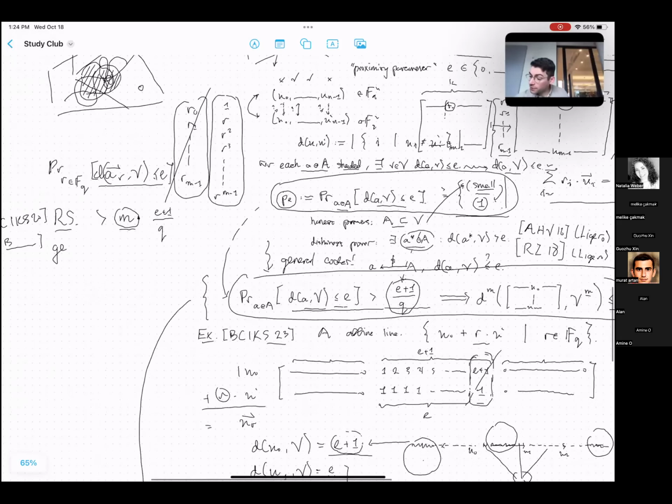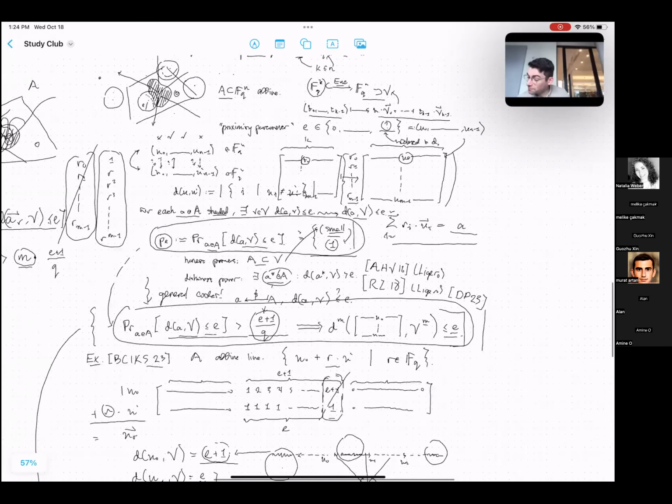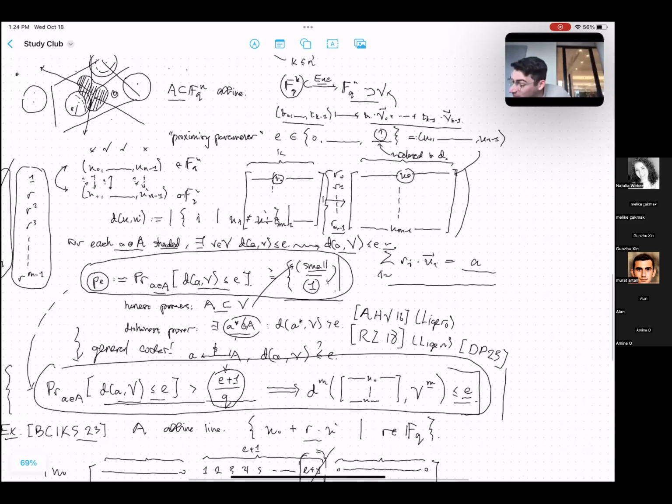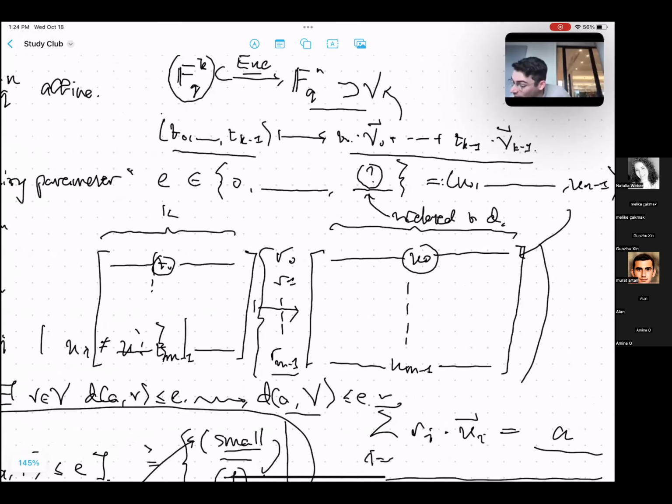But only so I'll finally fill in this completely missing piece here. Our general result only works for proximity parameters less than d over 3, so I'm going to write floor of d minus 1 over 3 here. And it is just not known whether this can be improved.